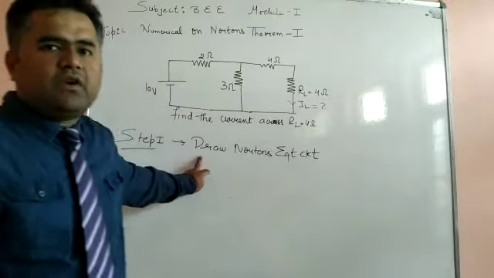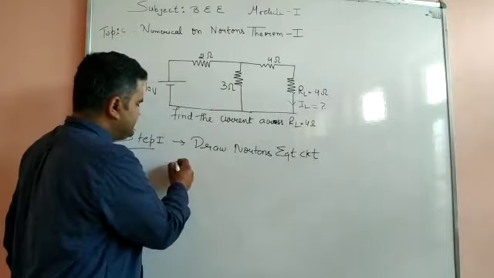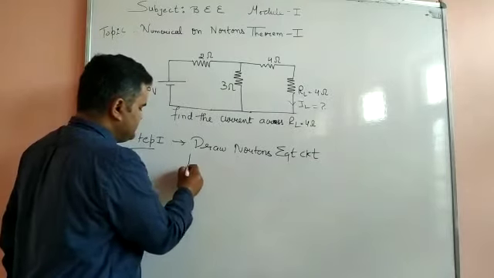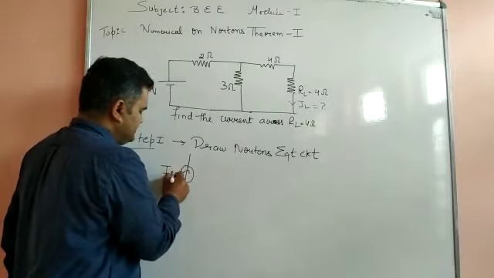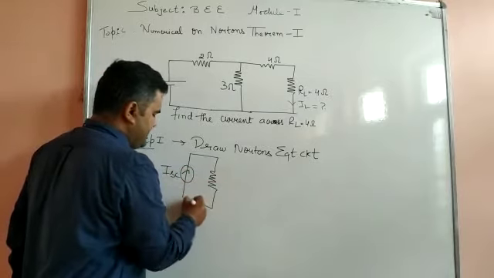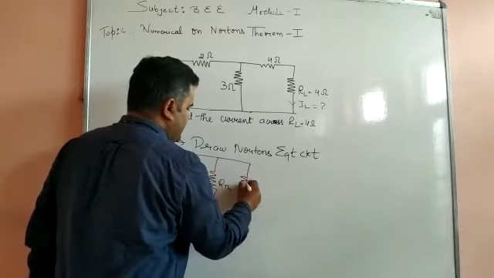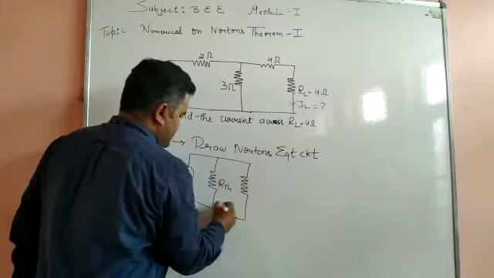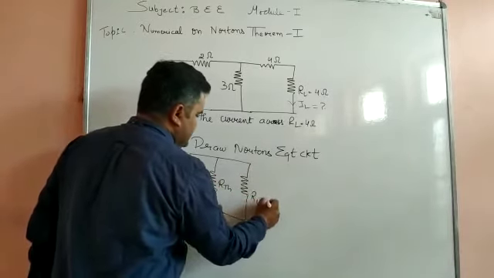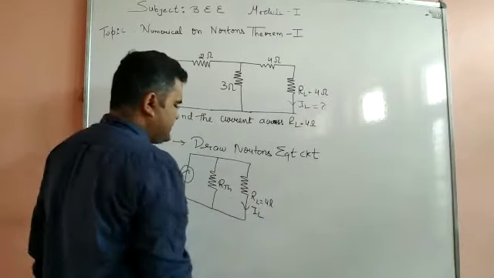So first of all, we will draw the Norton equivalent circuit, that is ISC in parallel with RTH in parallel with RL, that is 4 ohm given to us. Now we have to find out this current IL.